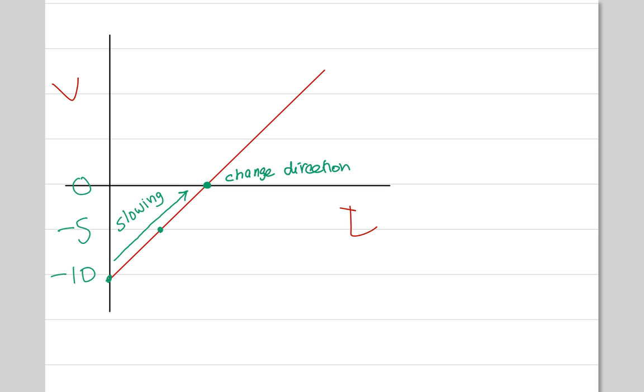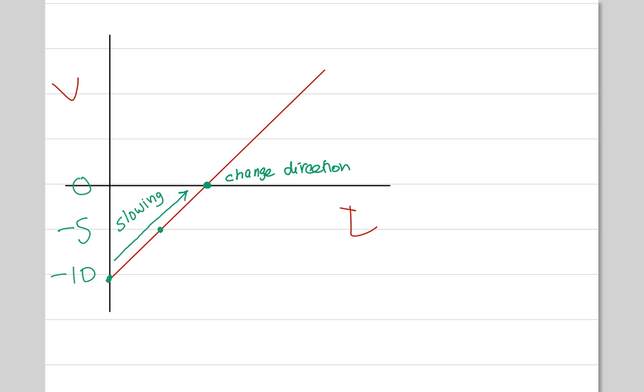Guys having a hard time visualizing this? Imagine an object is moving to the left because it has -10 meters per second as a velocity. Let's say I apply some force to the right.